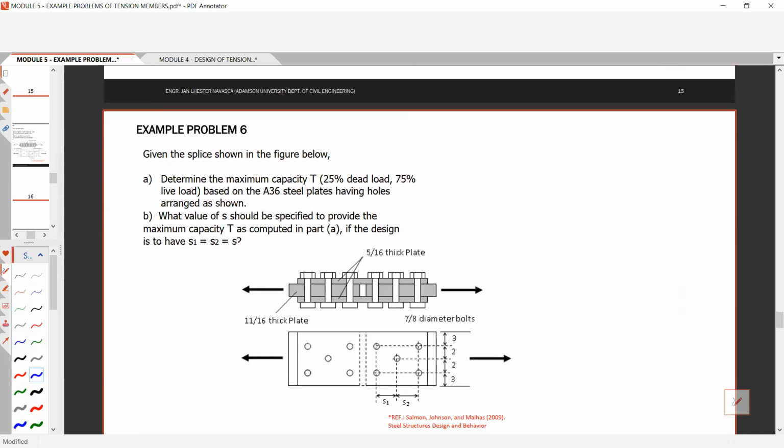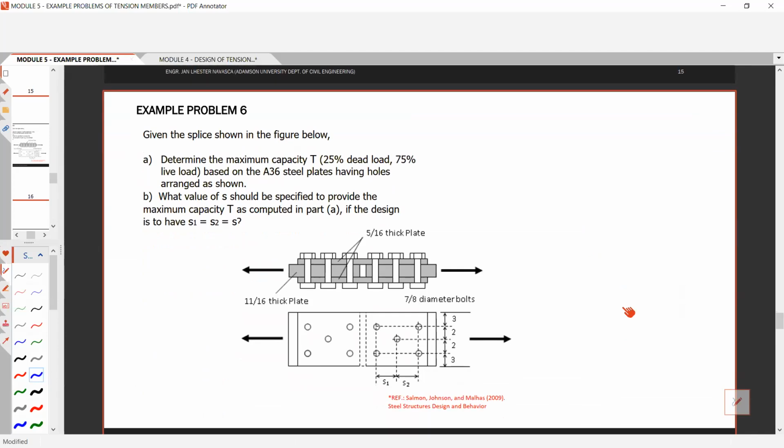Okay, last example problem. I think we have at least until 12 o'clock. So, example problem. Given the splice shown in this figure below, determine the maximum capacity T, assuming 25% dead load and 75% live load, based on the A36 steel plates having holes arranged as shown.